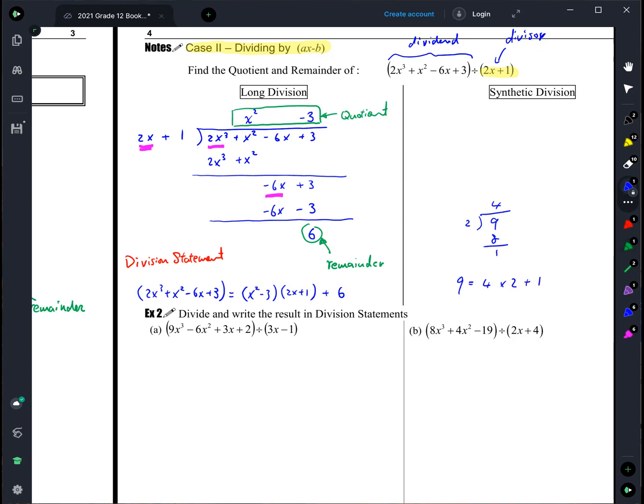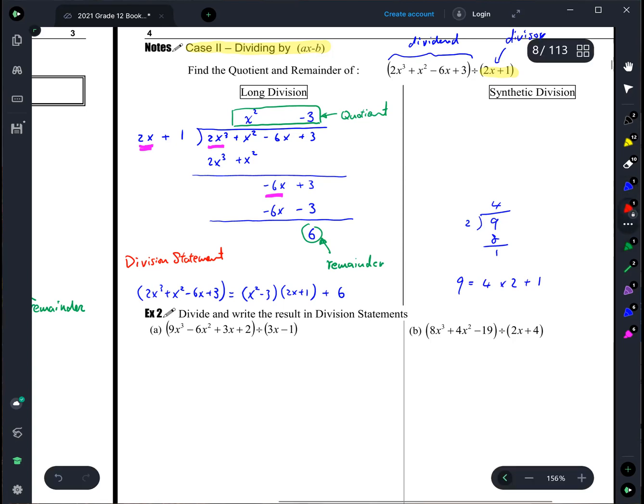So you have the dividend, which we call the polynomial, this part we call P, equals quotient times divisor plus remainder. Let's reverse these two; usually they put it the other way around: D times Q plus R.